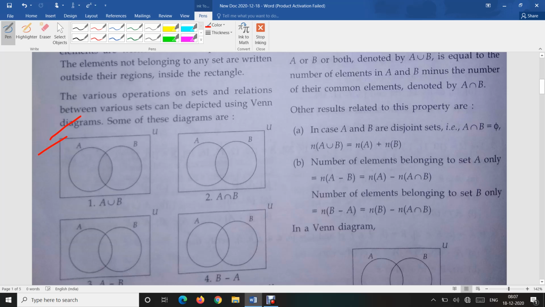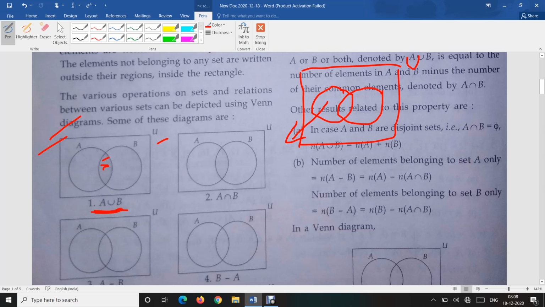For that, first of all we have A union B. What do we understand by A union B? I told you about all the operations. A union B means a set which contains the elements of either A or B or both A and B. Okay, so this is the Venn diagram for A union B. This is the universal set, a rectangle, and we have two circles inside it.